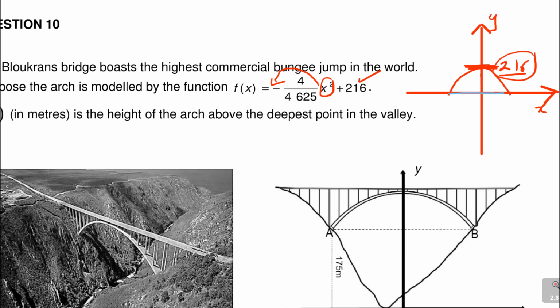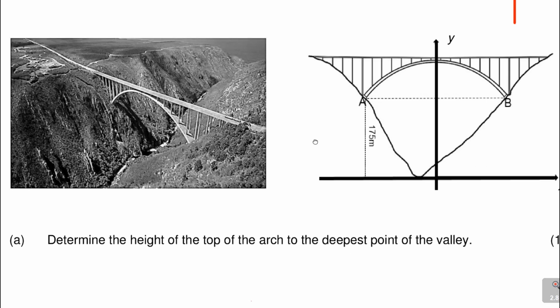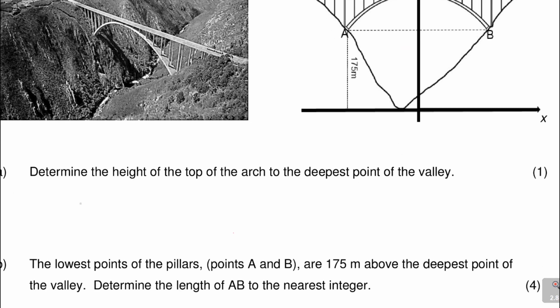This is the deepest point where y is equal to 0. Are you with me? So it is going to be the deepest point. And then here, now that 216. See, that is the height there. So that's why I think it's 1 mark to say determine the height. So the height is 216 meters.